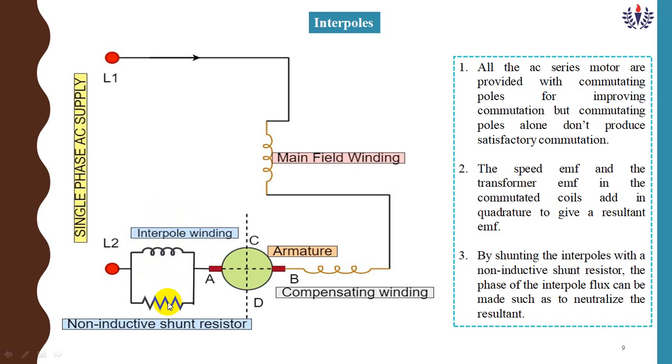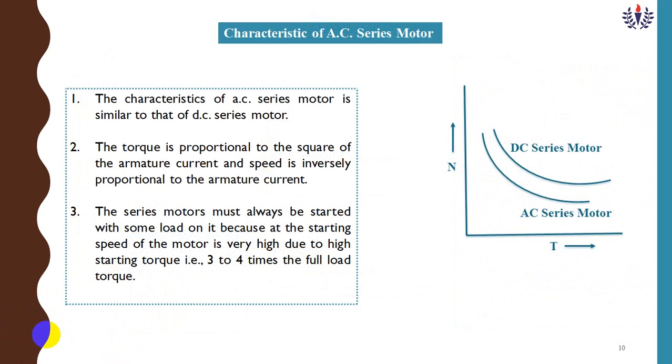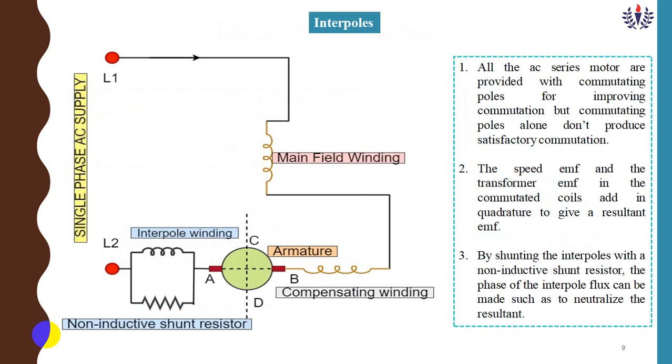Shunt means parallel, and this non-inductive shunt resistor will be placed between L2 and the armature. This structure is used to change the poles.